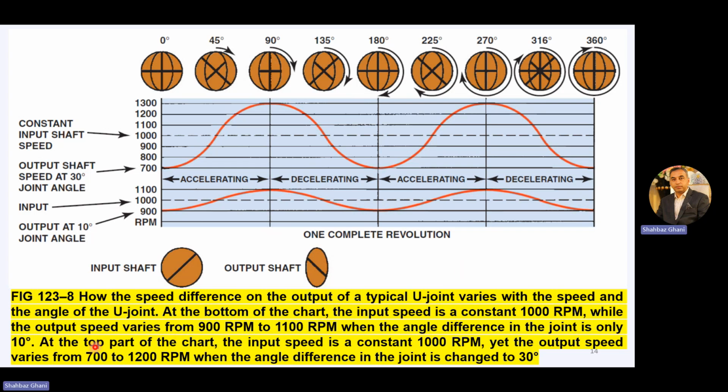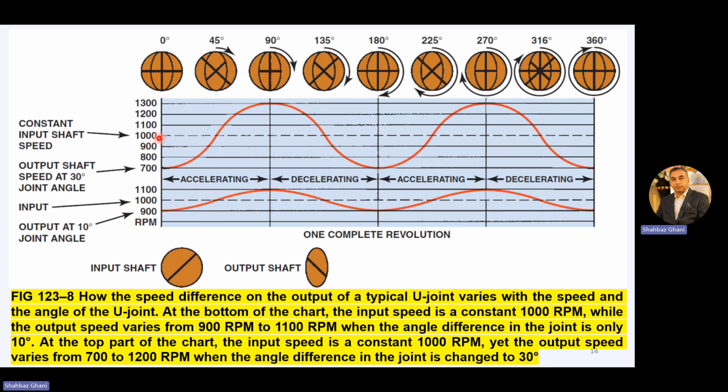Now, at the top part of the chart, the input speed is constant at 1000 RPM. Same input speed of 1000 RPM, yet the output speed varies from 700 to 1300 RPM when the joint angle is changed to 30 degrees. So in this portion of the chart, your angle is 10 degrees, with less fluctuation, from 900 to 1100.